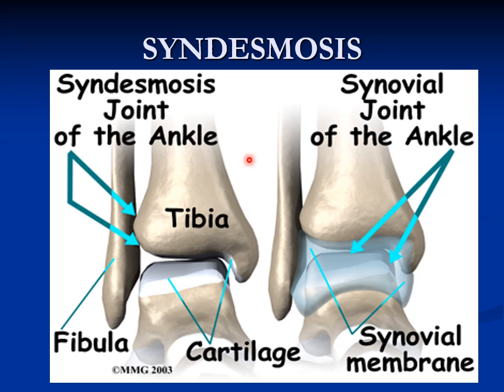That is the union of the bones together by means of fibrous tissue, although this fibrous tissue is longer and greater in amount compared to what you have seen in the sutures. So the inferior tibiofibular joint is typically showing you the syndesmosis. Also the middle tibiofibular and middle radioulnar joints, in which the radius and ulna, and tibia and fibula, unite together by means of the fibrous interosseous membrane.